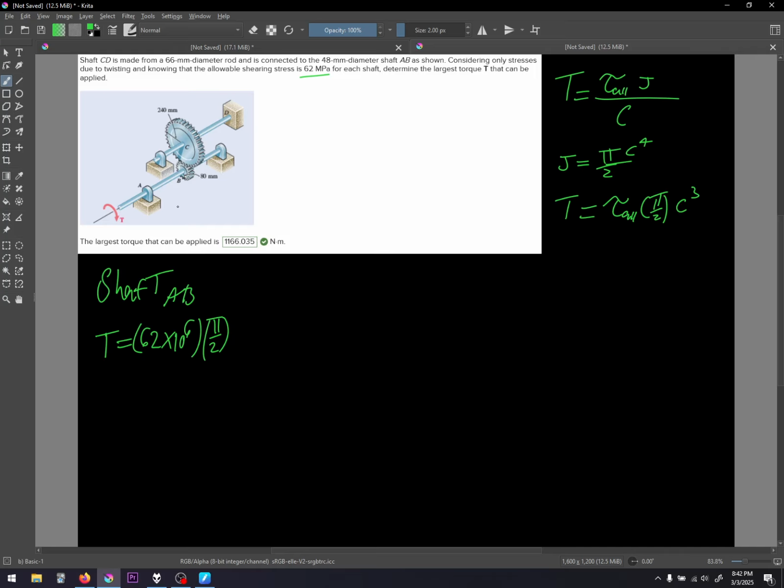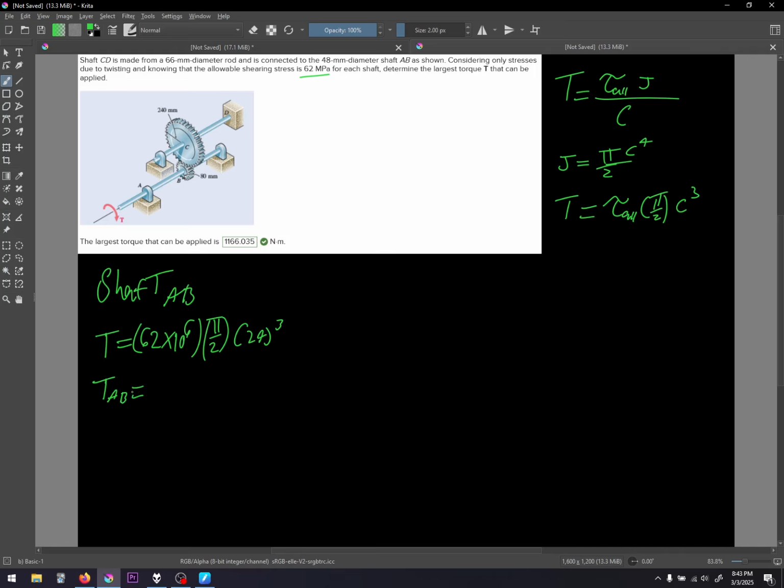Not yet. So then C cubed is going to be 48 over 2. 48 divided by 2 is 24. 24 cubed.